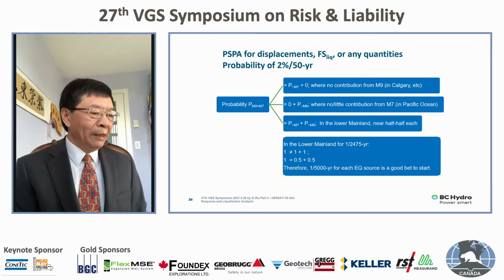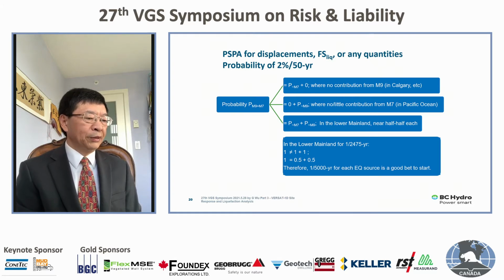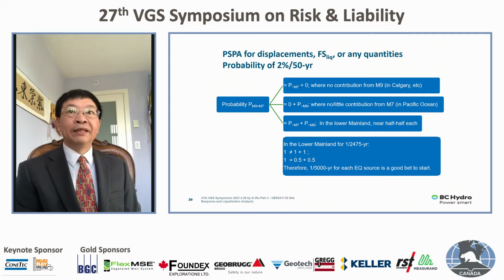So I'm going to just go through a summary slide, which I consider a very important slide for this presentation. It is the PSPA method for displacement calculation and for factor of safety against liquefaction.